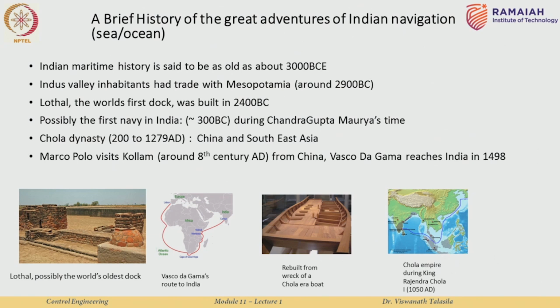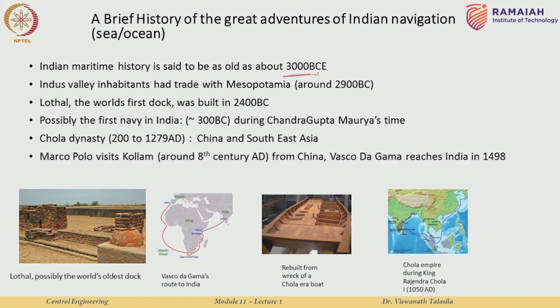Okay, I could not resist putting this slide because I think it is really fascinating and it shows how we ancient Indians actually did some amazing navigation. So, Indian navigation is around 3000 BC old or even older.